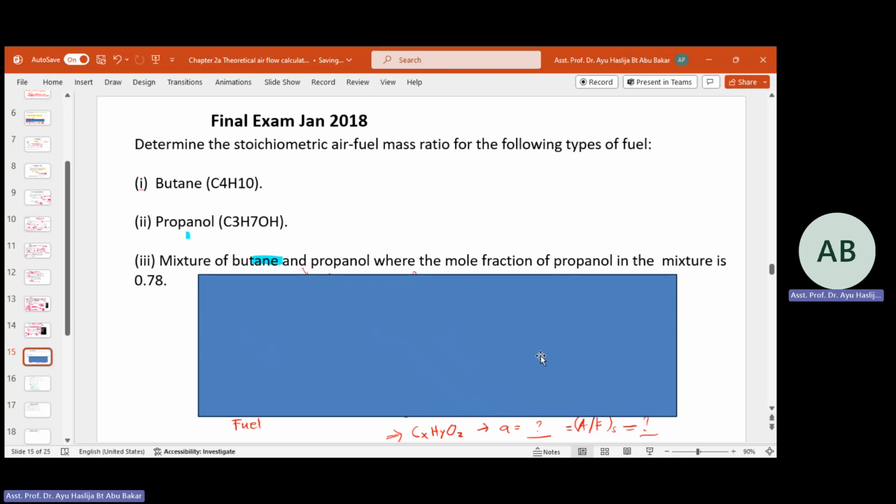In 2018, it asks you to determine the stoic air fuel ratio for the following types of fuel.